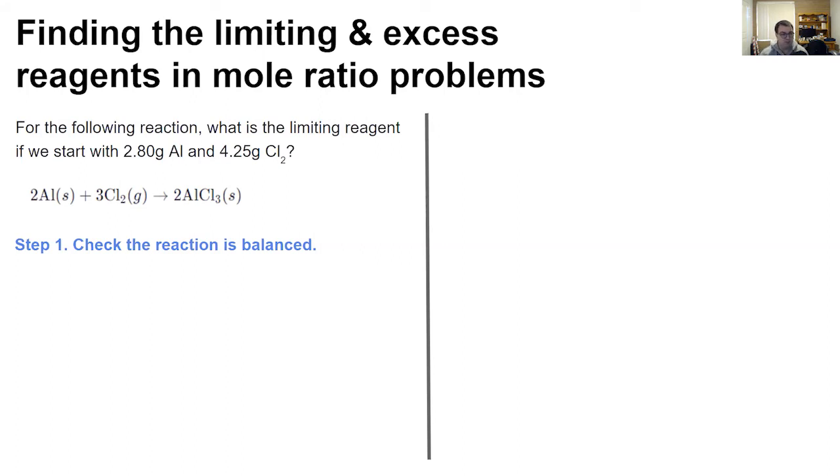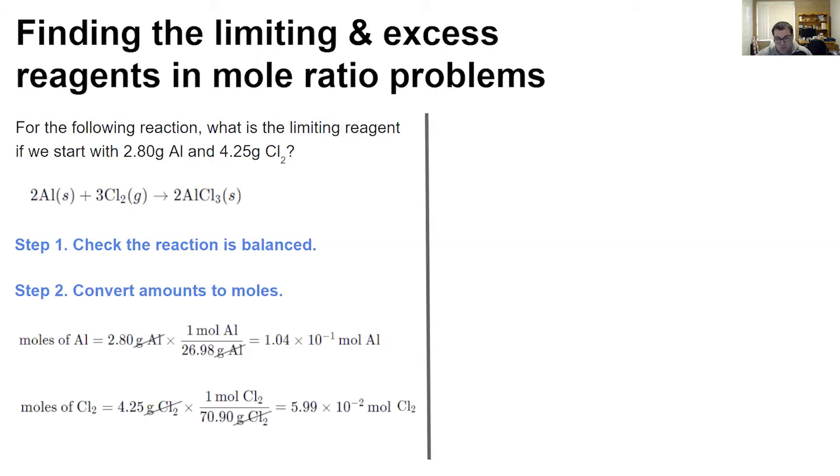We have a balanced equation. That's convenient. Step 2, we need to convert our masses of aluminium and chlorine to moles. We do that by dividing the mass of each by the atomic mass of each element, which we can get from the periodic table. That comes out at 1.04 times 10 to the minus 1 moles for aluminium and 5.99 times 10 to the minus 2 moles for chlorine.